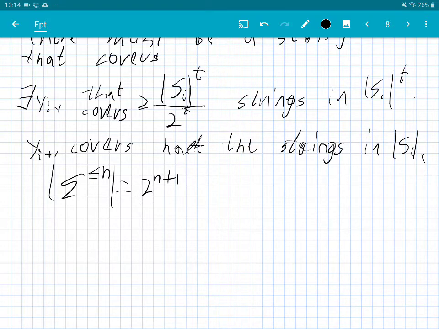Okay. So let's look at the strings of Si. I think my index is off from what's written in the book, but hopefully that's okay.